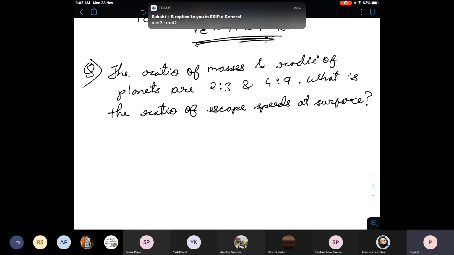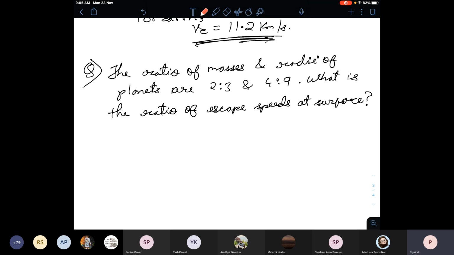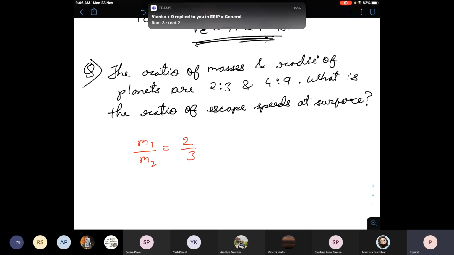So very basic question. Just write what is given to you and what is known to you. First of all, ratio of masses is given. M1 by M2 is given to us as 2 by 3. Yes, root 3 upon root 2 is the correct answer. And ratio of radii is also given, that is R1 by R2 is given to us as 4 by 9.